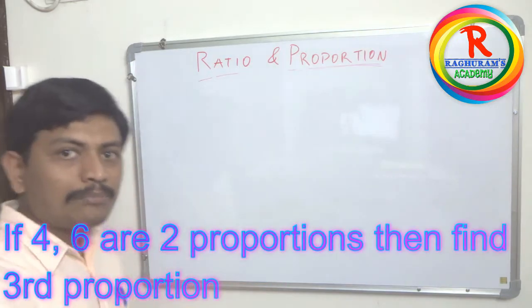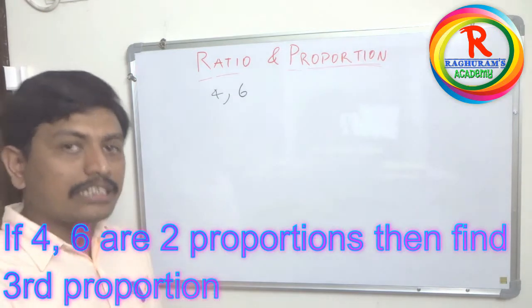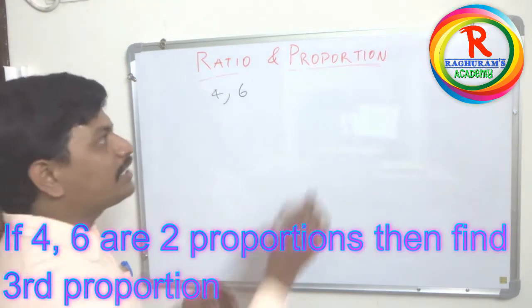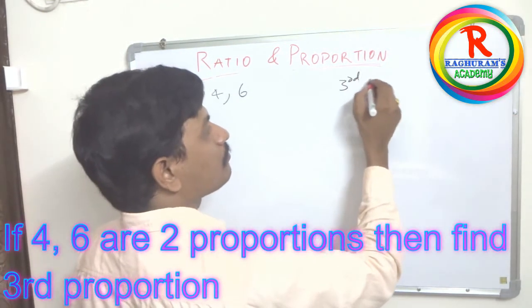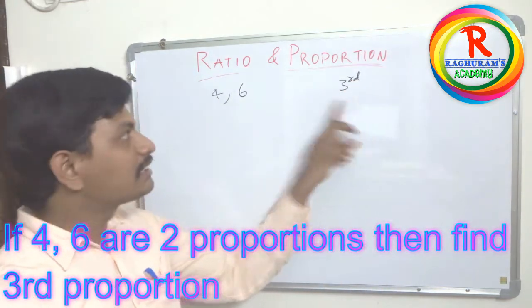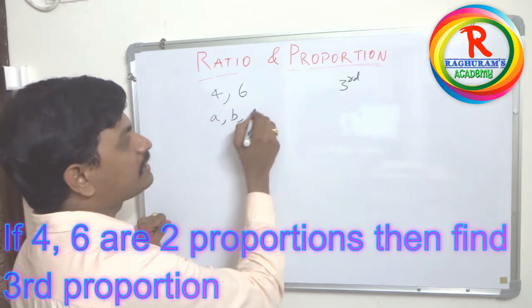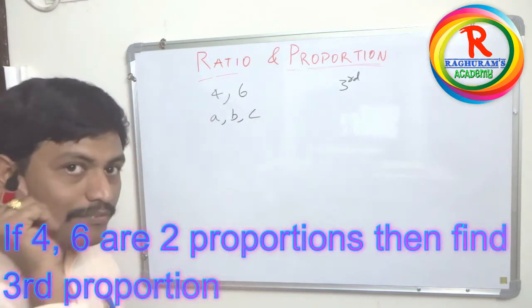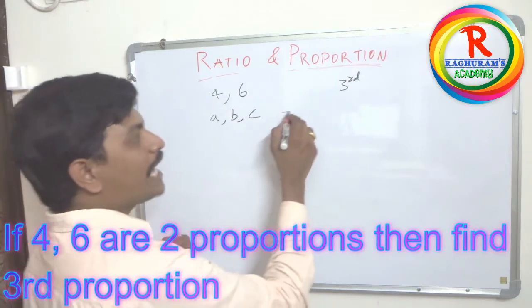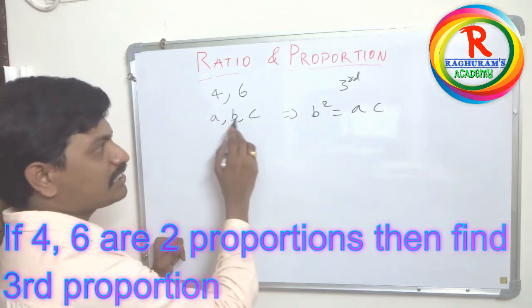So let us see the next problem. If 4, 6 are the first two proportions, then find the third proportion. Here we need to find the third proportion. That means there are only 3 proportions, that is A, B, C only are in proportion. If there are only 3 proportions, we have a formula: B square is equal to AC.